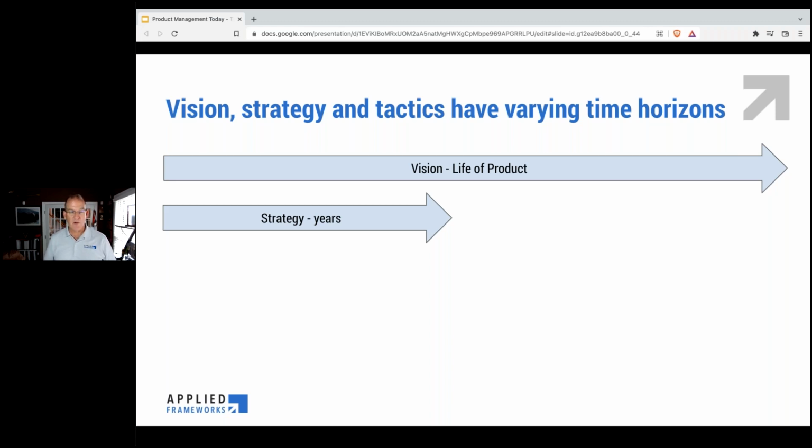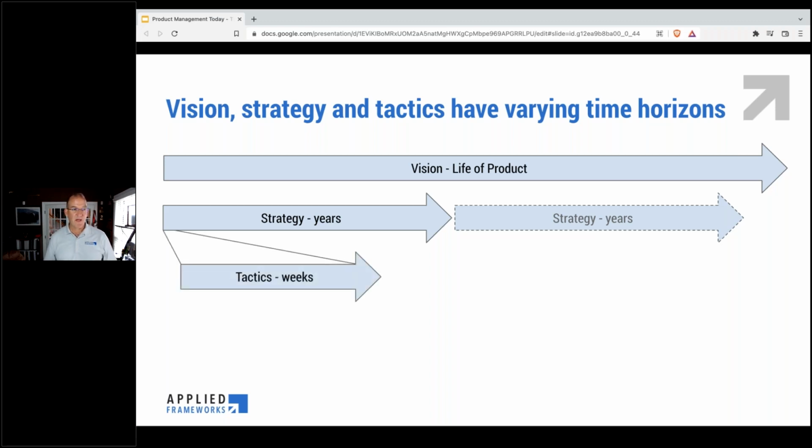For a new software startup in Silicon Valley, the strategy may only have a time horizon of a year or two, whereas for more established companies it may be much longer. In speaking to some colleagues at Western Digital, who provide storage products, they have strategic plans that extend 10 and maybe even 15 years. That is their cycle of strategic thinking, to be adaptive to the requirements of their customers who purchase their hardware storage solutions. And further, unlike vision, the strategy may shift and change as needed over time, so we continually refresh and refine our strategy over some time interval.